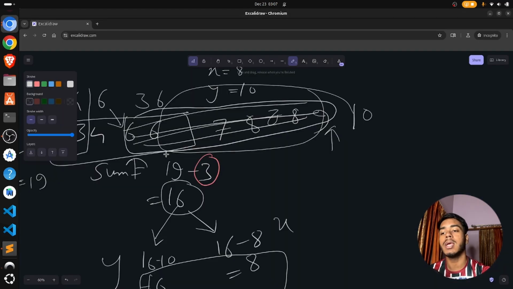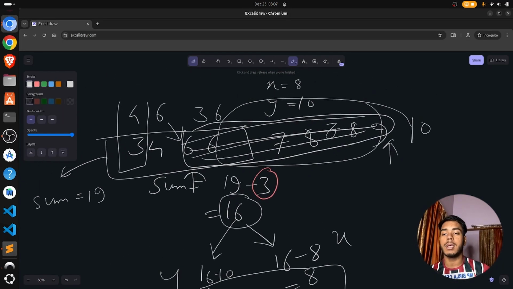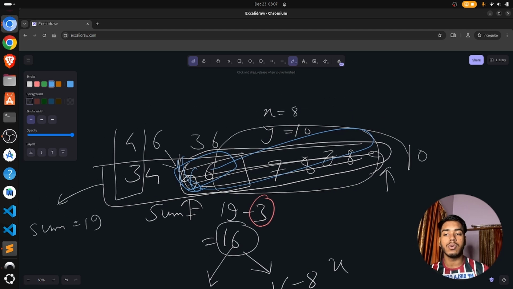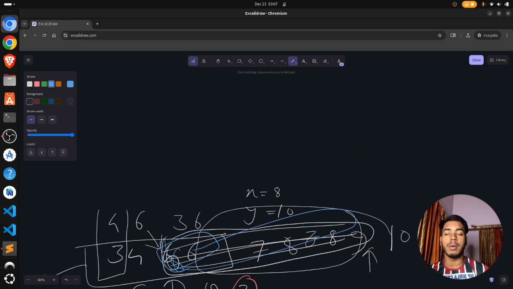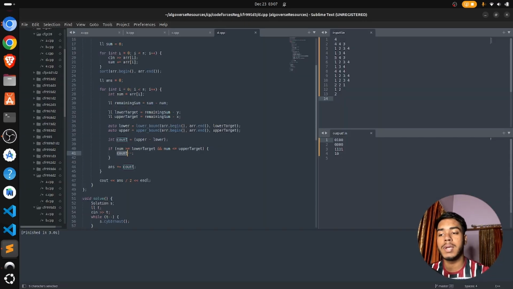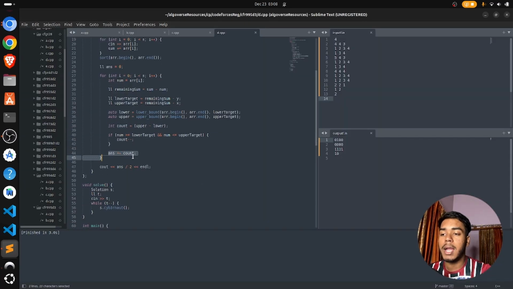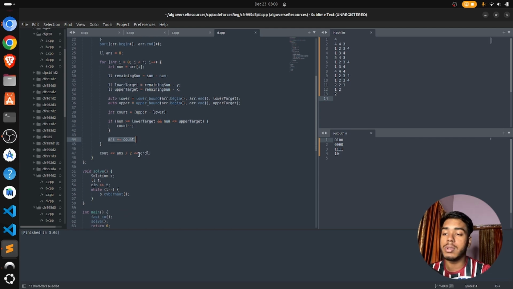Like if we are searching for 6, you will get this range also. So you cannot make the pair like this, 6 6. This 6 6 is valid, but you cannot pair with yourself. So we are reducing the count here, and after that we are adding the count to the answer.